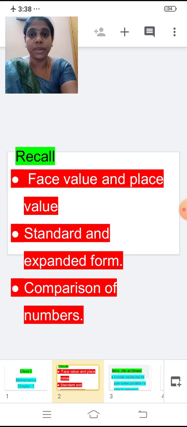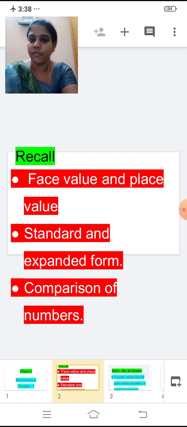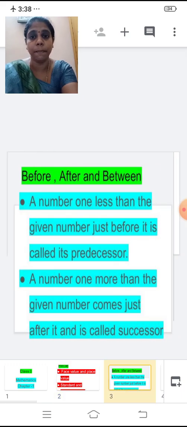If both numbers have the same number of digits, you have to compare from the leftmost part. So today we'll see before, after and between numbers.